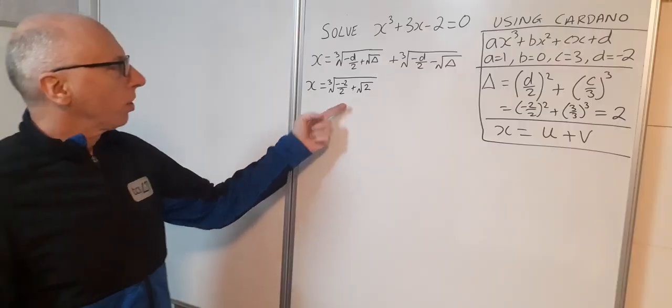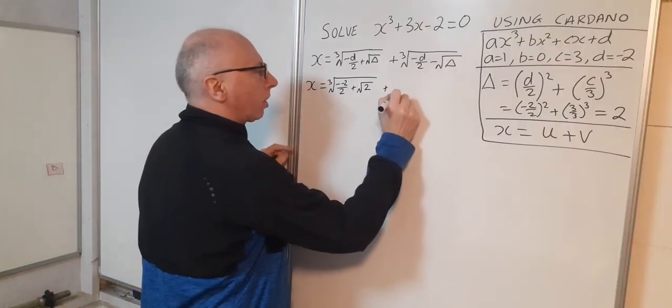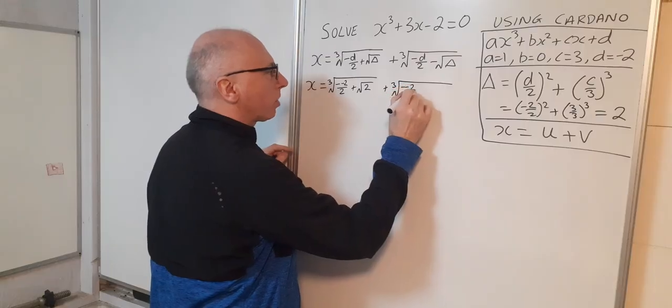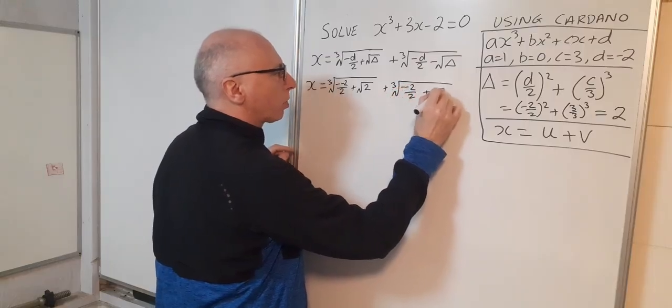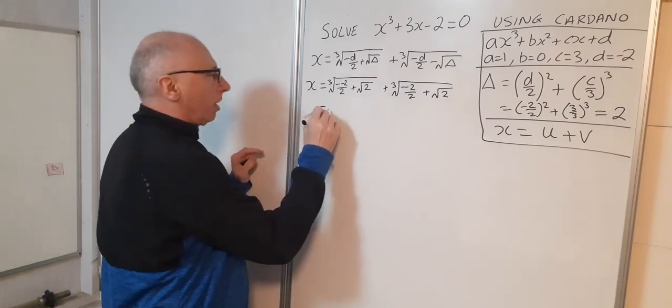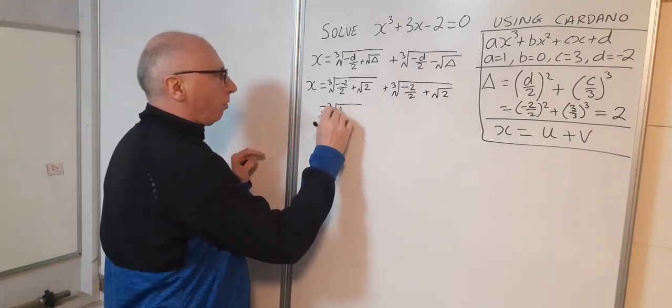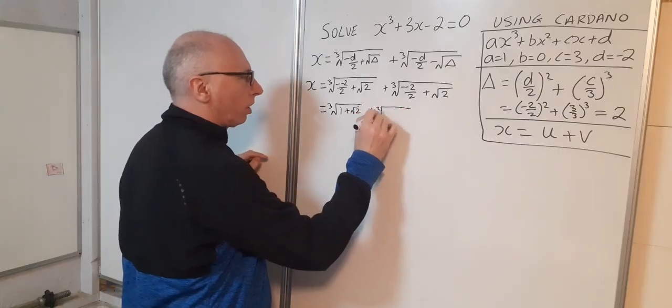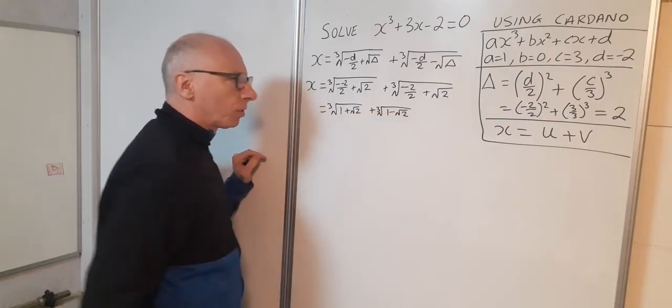We can see this is going to turn into 1. And then I've got cube root of this one here. So put it again, minus 2 over 2 plus square root of 2. And then we could simplify this. Cube root of 1 plus root 2 plus cube root of 1 minus root 2.